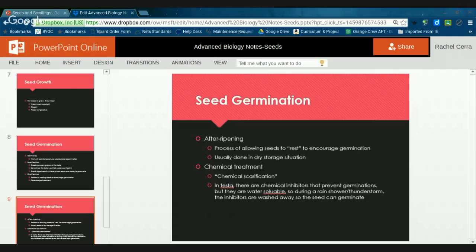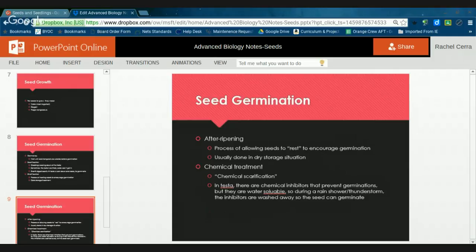So these can all sometimes go together, that a seed might go through several of these. I don't really call them steps, but yeah, the word's escaping me. So they go through these different stages maybe.